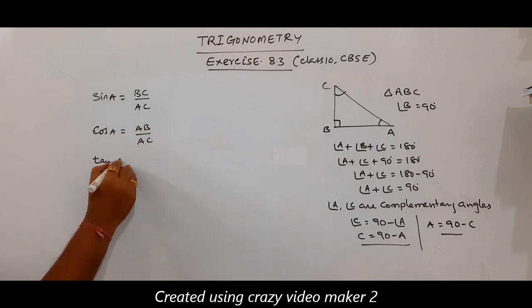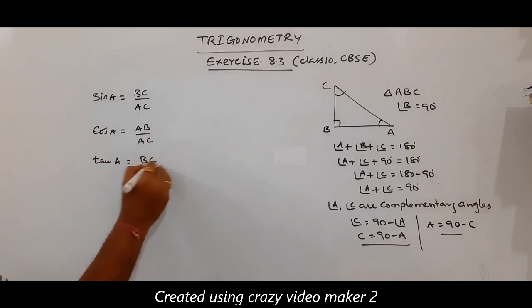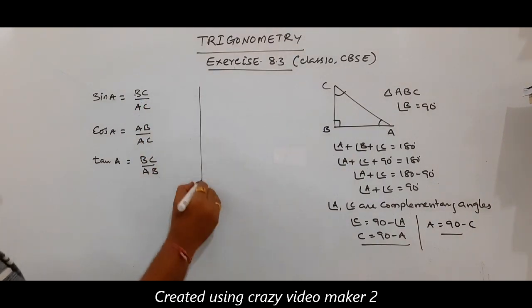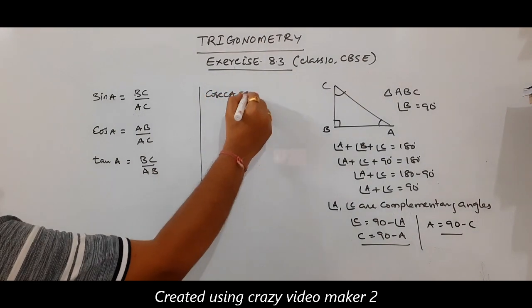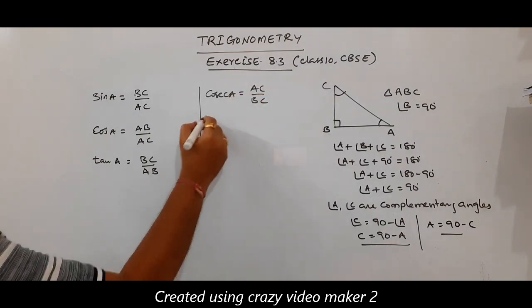Tan A means opposite by adjacent, BC by AB. Cosecant A means AC by BC, hypotenuse by opposite.